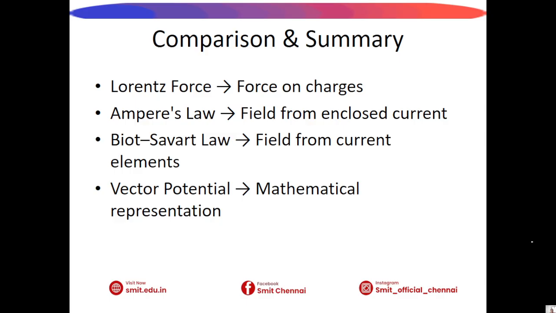Vector magnetic potential offers a mathematical approach for analyzing electromagnetic fields. Magnetic field intensity represents magnetic force. Relative permeability indicates how easily a material supports magnetic flux. Together, these concepts provide the foundation for understanding electromagnetic devices and magnetic field analysis.